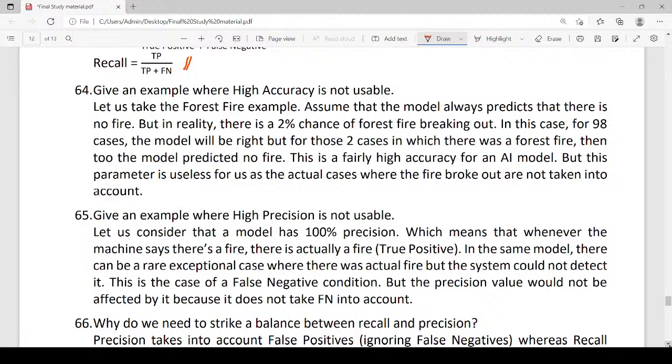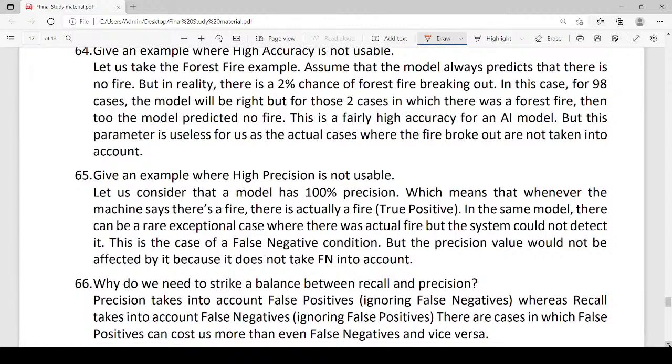So what do we need to do now? We need to strike a balance between recall and precision. Why? Because precision does not take into consideration false negative and recall does not take into consideration false positive. Hence, we need to strike a balance between precision and recall.